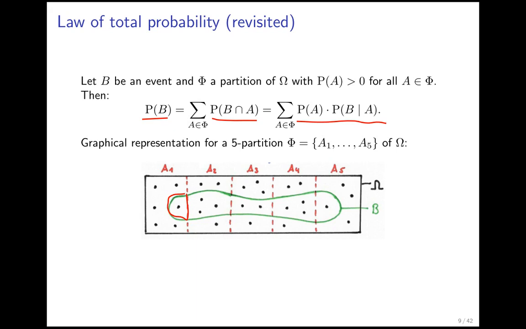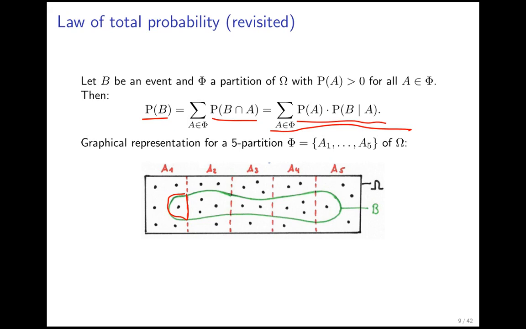And well, what you could do is you could count all the blue marbles. But what you can also do is, if you know that in each box there's one marble in the first box and 3 marbles in the second box and so on, you can just write this as written above here, and then P of A is the probability that you choose a given box, and that's just 1 over 5 because you pick them at random and you have 5 boxes.